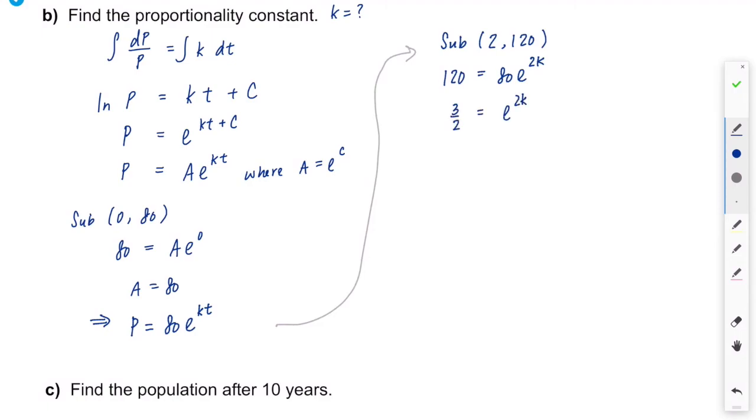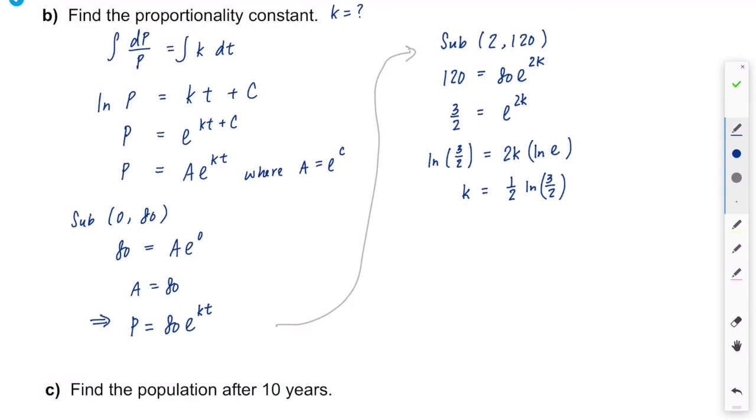To find k, I'm going to ln both sides of this equation. And I will have 2k times ln e, which is 1. Therefore, k is half ln 3 over 2. And if you like, you can also say this is ln of the square root of 3 over 2.